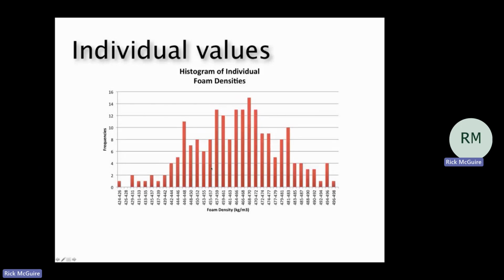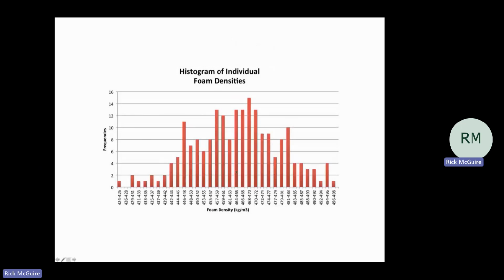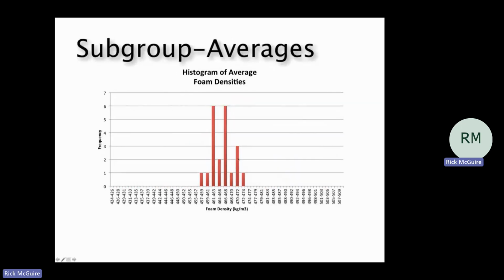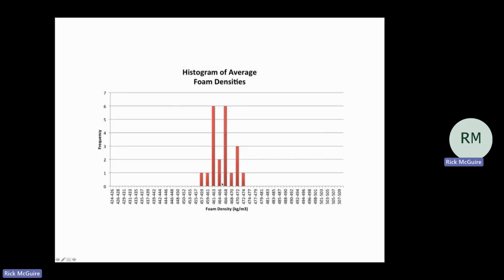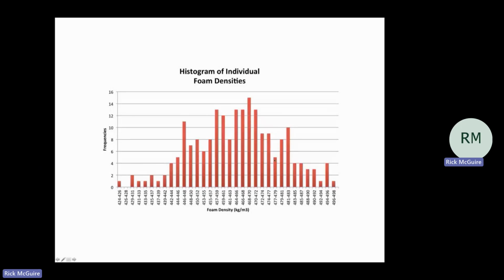In capability, I'm concerned with the standard deviation of the individual values. As we can tell from looking at the histograms, the standard deviation of these subgroup averages is very low compared to the standard deviation of all of the individuals of the population.